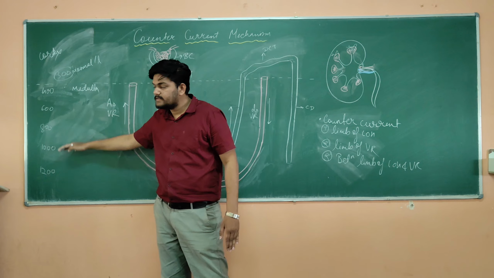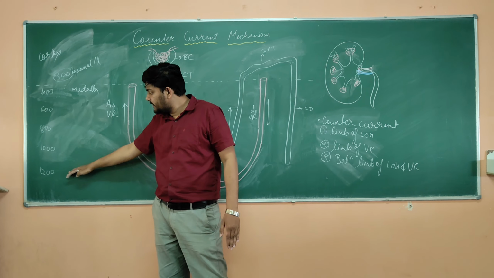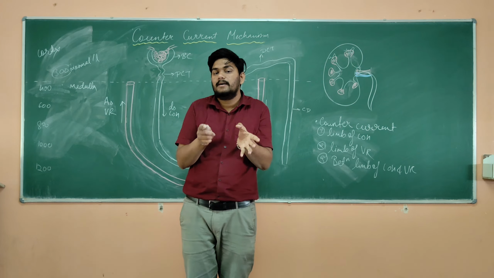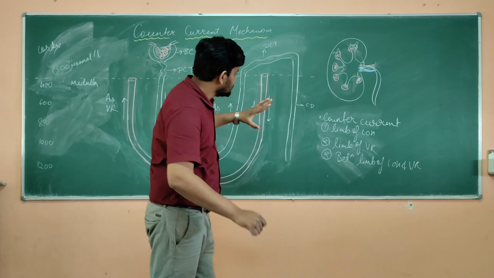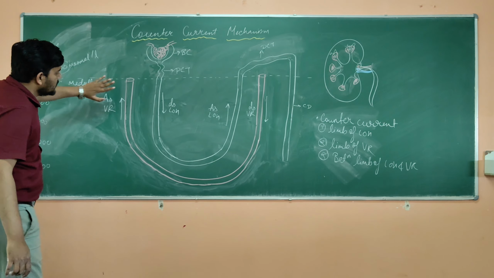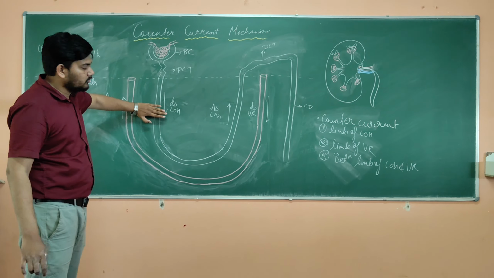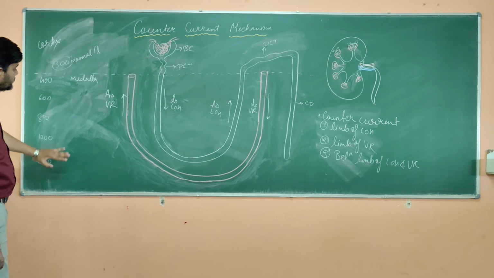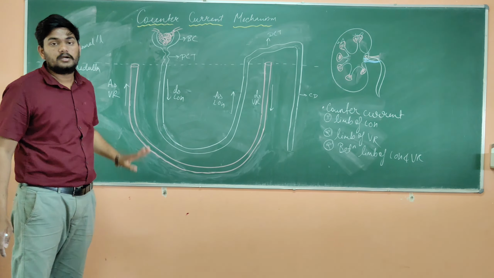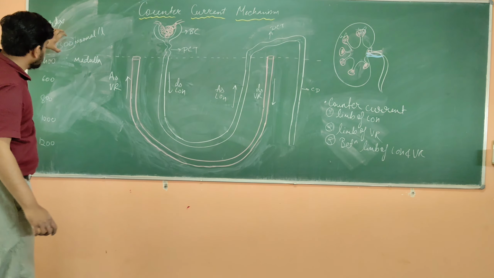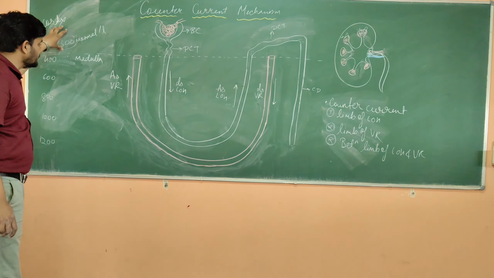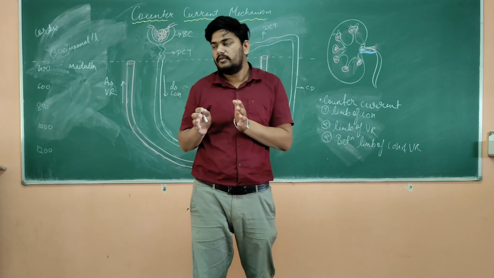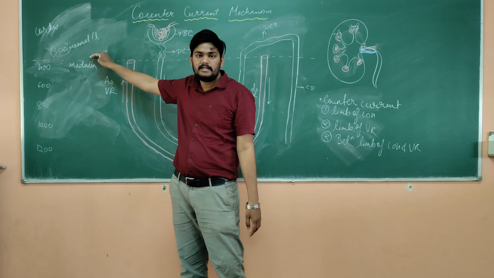Now this gradient is also created by certain things that I will tell you, but you just have to keep in mind that in the medulla region the vasa recta and the loop of Henle are present, and here we have an osmolarity gradient, which is very important. Then only this counter current mechanism can happen. In the cortex we have the basic osmolarity which we have in the blood, that is 300 milliosmol. In any body fluid, this is the normal osmolarity, that is 300.